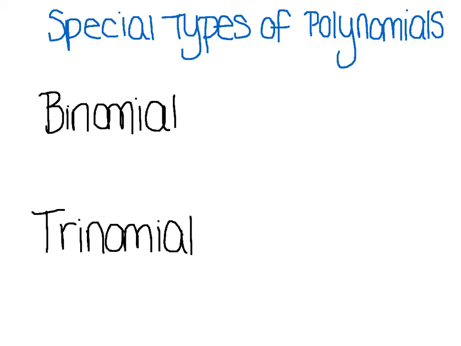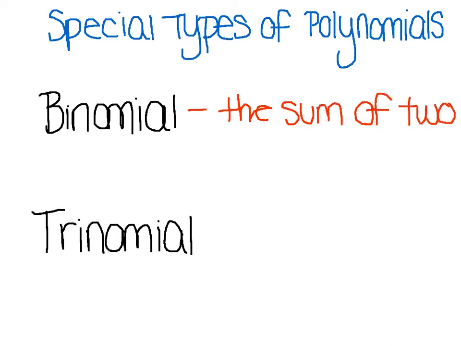Then we have special types of polynomials. There's a binomial and a trinomial. These are names of polynomials just like a monomial. A monomial is one. A binomial is the sum, remember sum or difference, of two monomials. Finally, we have a trinomial.